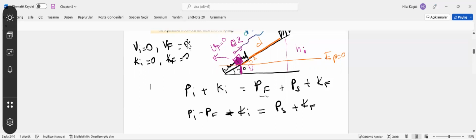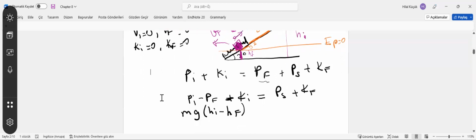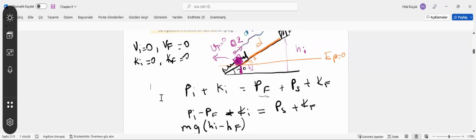What is your mg, what's your elevation difference? Be careful, H initial minus H final part. I try to find that one. This is the initial part, and this is the final part, so I have to find this elevation.